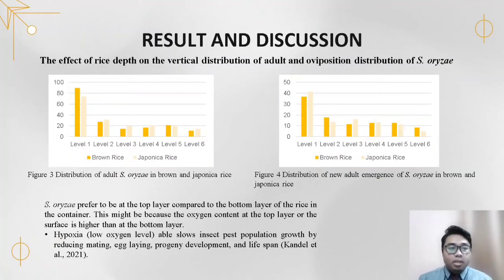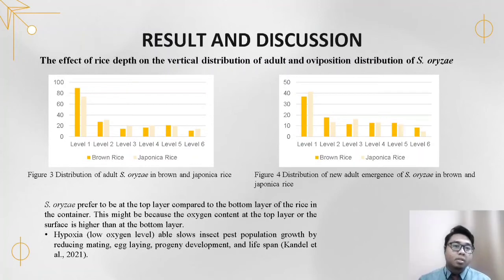Next, we can see here figure 3 and figure 4 show the distribution of adult SRIZ and also new adult emergent of SRIZ in brown and japonica rice. So based on these two figures, we can conclude that SRIZ prefer to be at the top layer compared to the bottom layer.